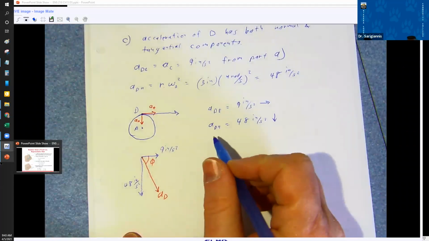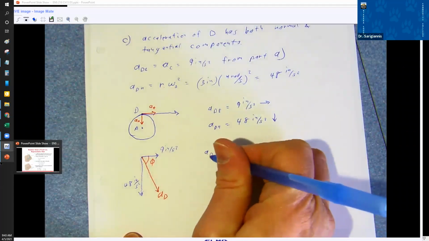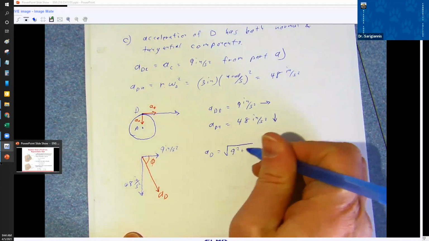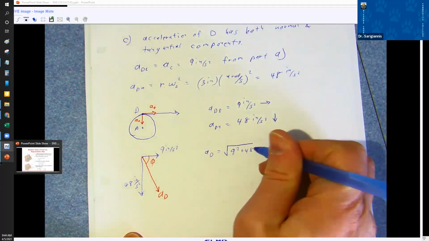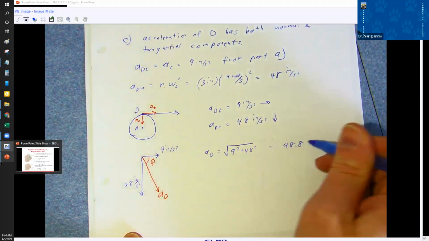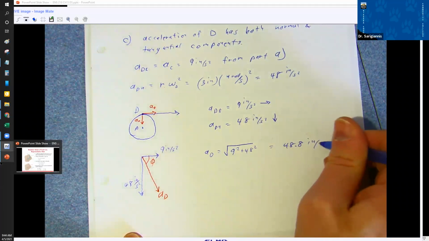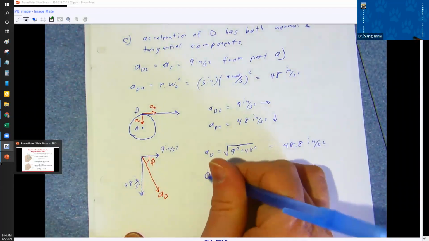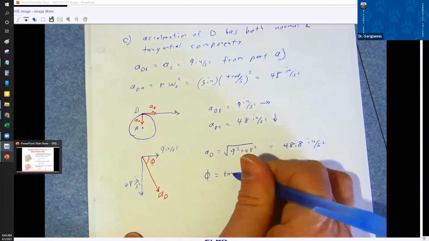All right, so now we find that A of D is just the square root of 9 squared plus 48 squared. This gives us 48.8 inches per second squared. This is our acceleration, and our phi is just the inverse tangent.